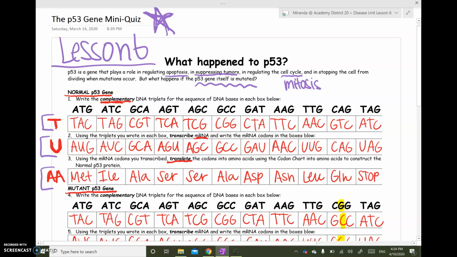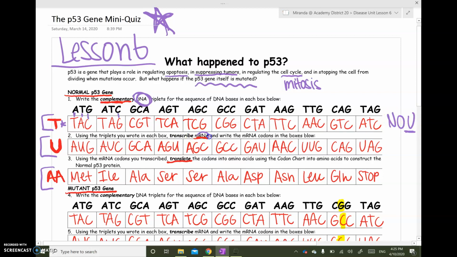We're first going to write the complementary DNA. Okay, so because it's DNA, it's going to have T's instead of U's. So we're going to do A pairs with T, T pairs with A, G pairs with C, and C pairs with G, all the way down the line. Okay, there are no U's in this section.